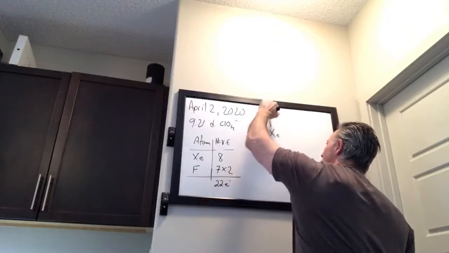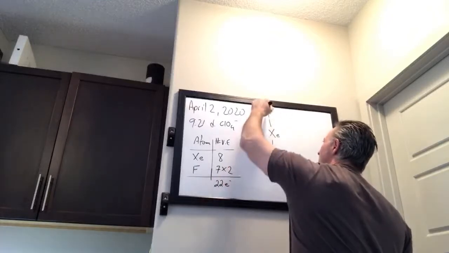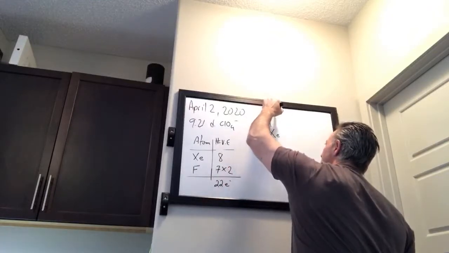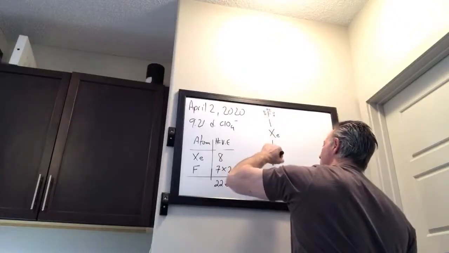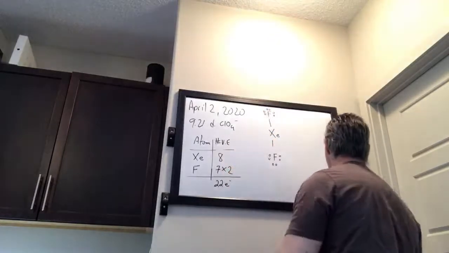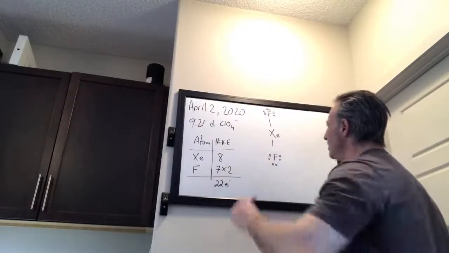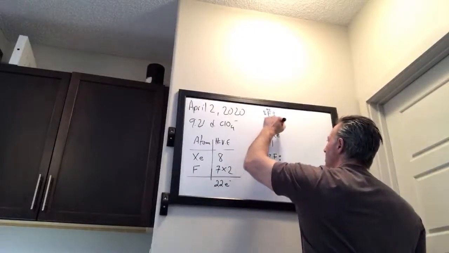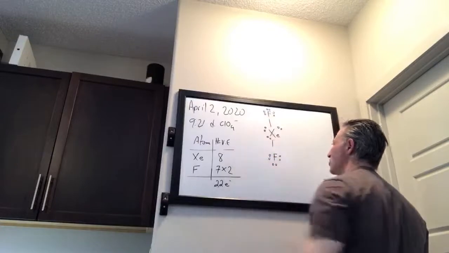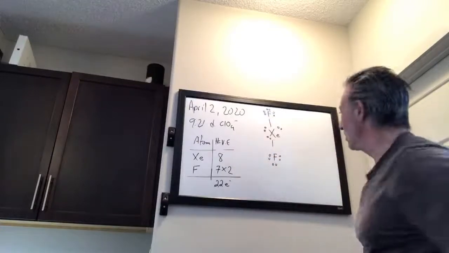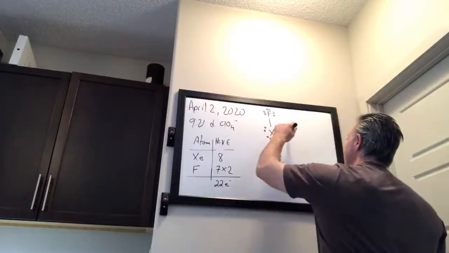So start by connecting fluorine atoms to the xenon, dispersing the extra electrons. That uses up 12, 14, 16, 18, 20, 22. So there's 3 lone pairs on the central atom.